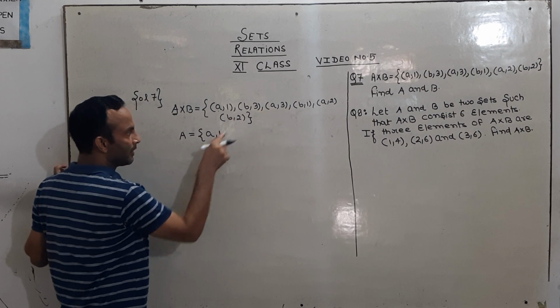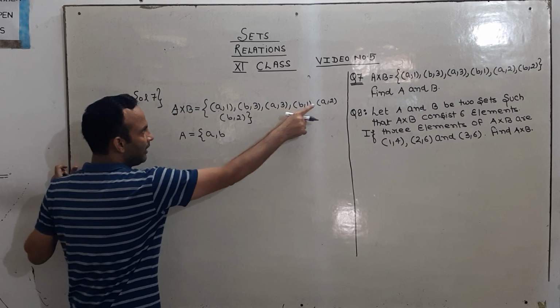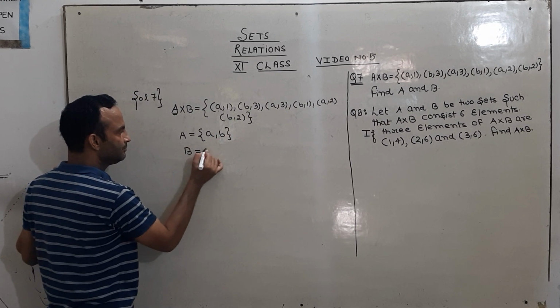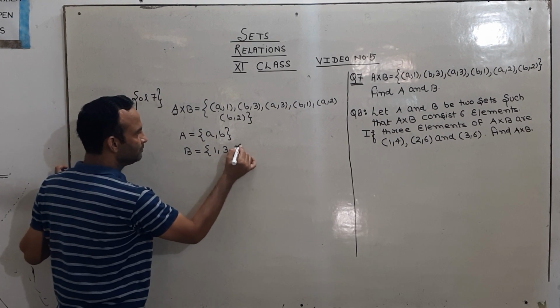Again, repetition of elements is not allowed in a set. So this is set A. And the set B is {1, 3, 2}.